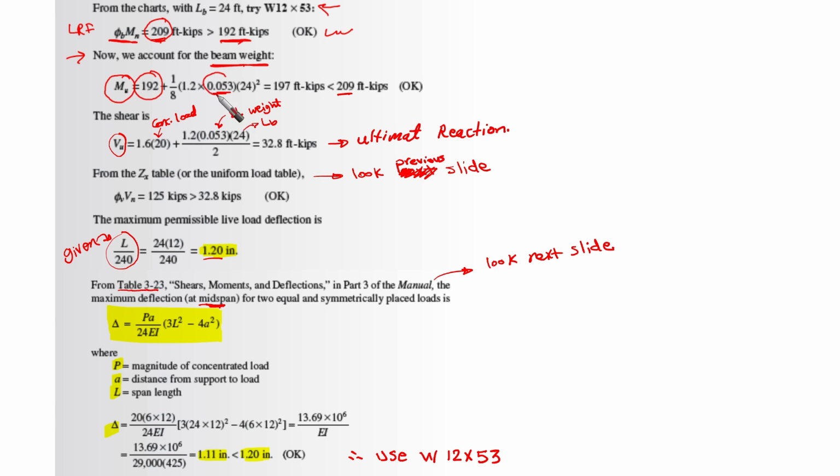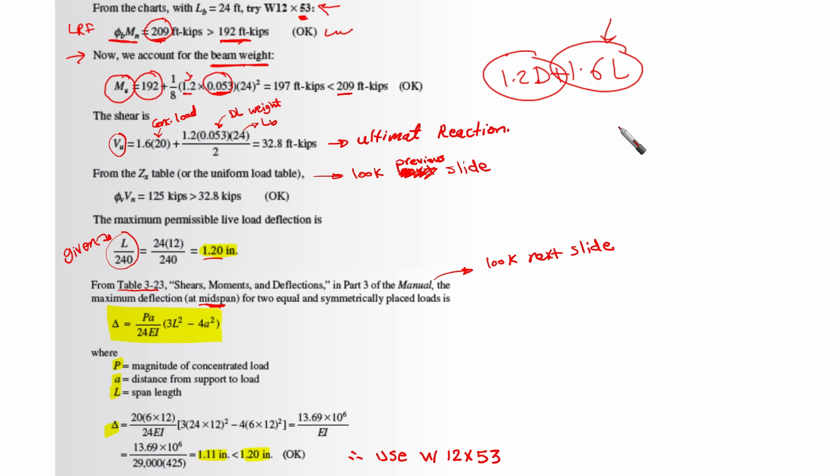The weight is 0.053 because we are talking about W53, pound per foot. This means 0.053 if we're talking about kips, times 1.2 because it is the load factor. Remember, 1.2 dead plus 1.6 live. The 1.6 live we have already done before.